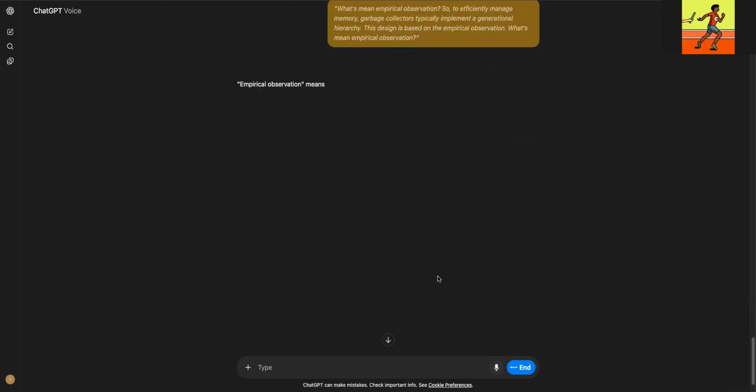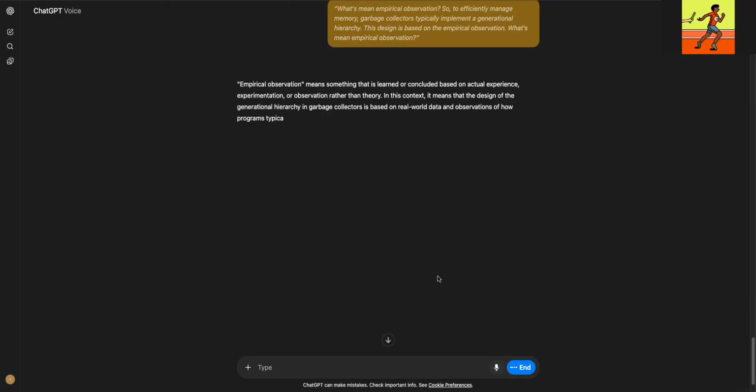Empirical observation means something that is learned or concluded based on actual experience, experimentation, or observation rather than theory. In this context, it means that the design of the generational hierarchy in garbage collectors is based on real-world data and observations of how programs typically behave.